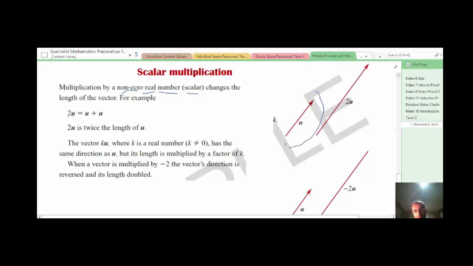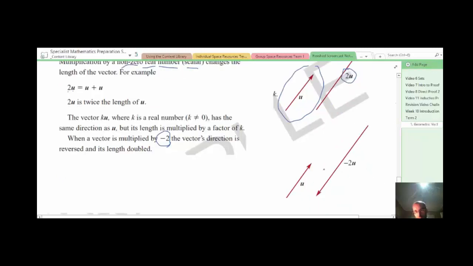If we drew that geometrically over here, let's say u is this vector, 2u is twice the length. However, the direction is the same. Same direction, but the length is multiplied by a factor of 2. When we multiply by negative 2, or any negative value, the negative 2 reverses the direction of the geometric vector.